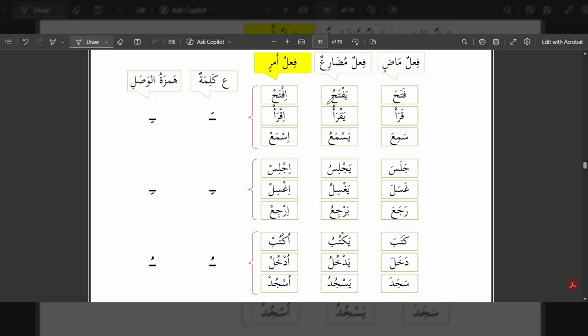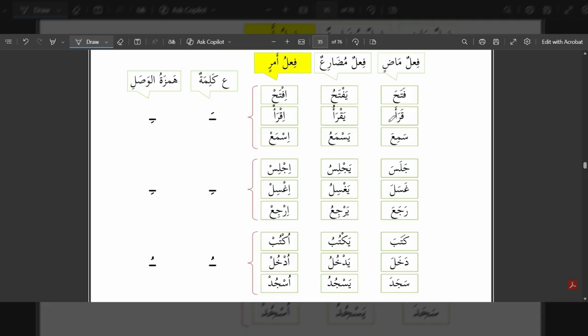Yaftahu, he is opening. Iftah, open. So we can see that the ya has been cut. The harfu mudari is cut. And the ha has been given a sukun. So therefore we are unable to pronounce, and it has been given a hamzatul wasl. The ain kalima is a fatha, therefore hamzatul wasl gets a kasra.